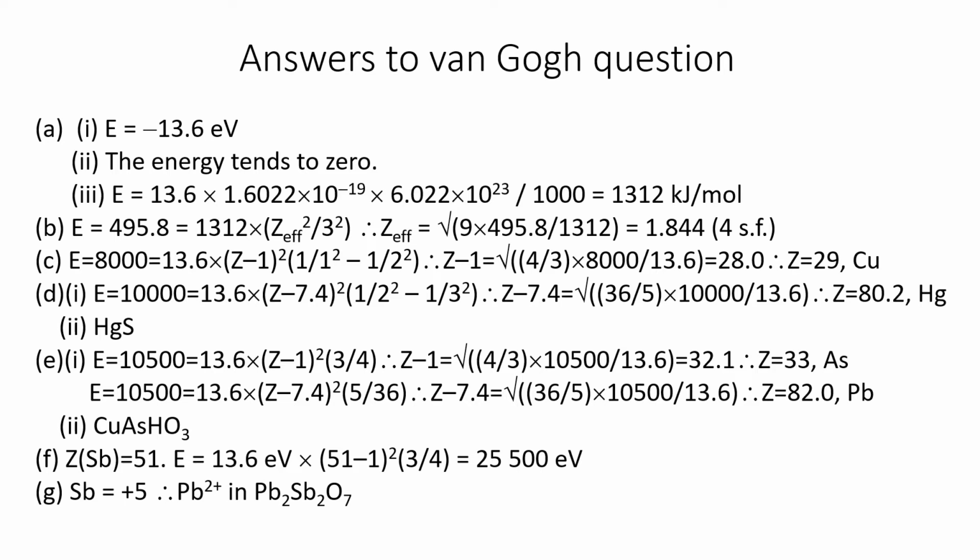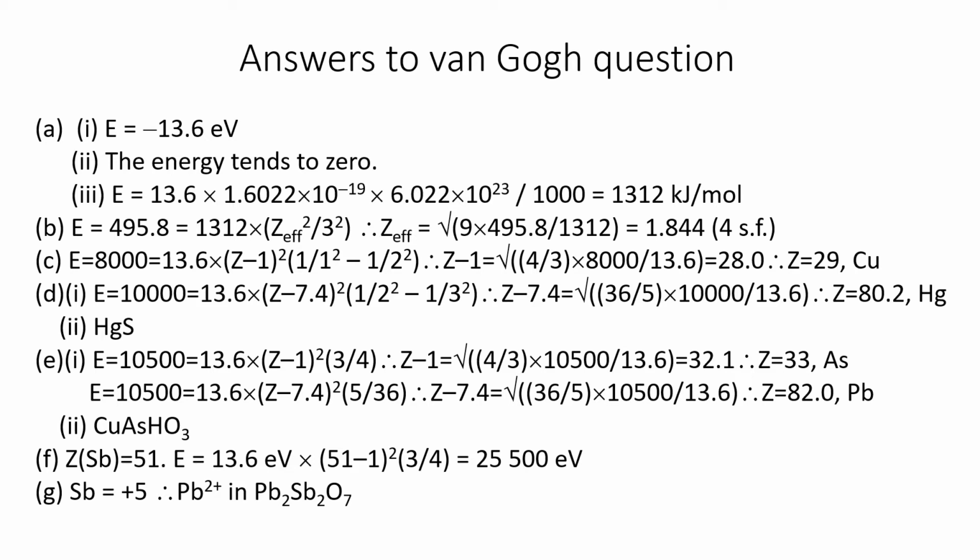And then in the brackets there, we're really subtracting the two terms, the two 1 over n squared terms. 1 over 1 squared minus 1 over 2 squared, corresponding to the second shell and the first shell. And so you can see in this equation the only unknown is Z. So we're solving for Z, and Z comes out as 29, atomic number 29. So copper evidently was the atom that was involved in this transition.